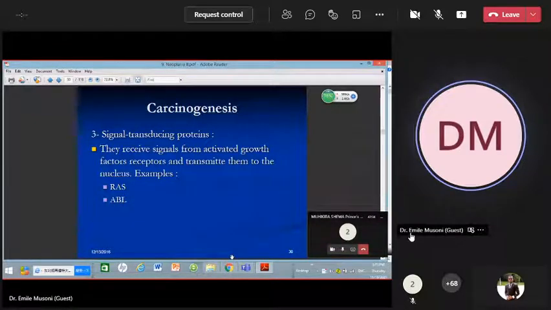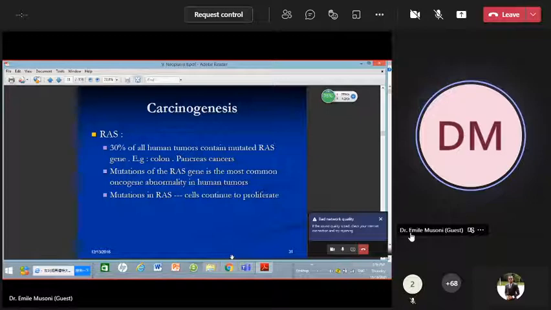Signal-transducing proteins receive signals from activated growth factor receptors and transmit them to the nucleus, where we see some RAS and ABL. RAS is found in the colon and the pancreas.